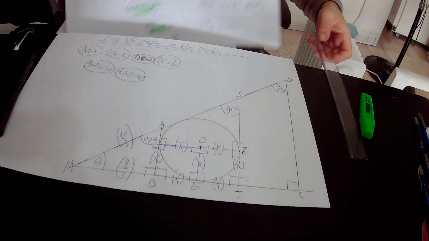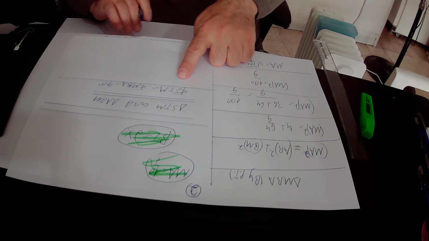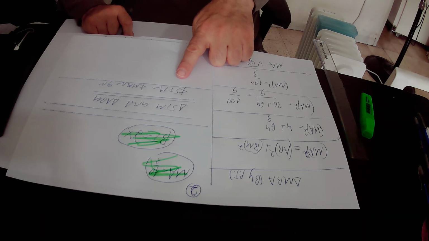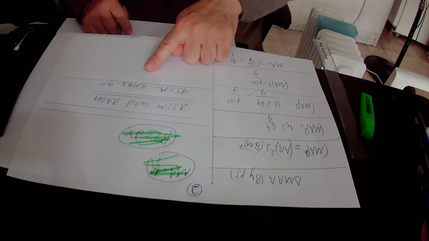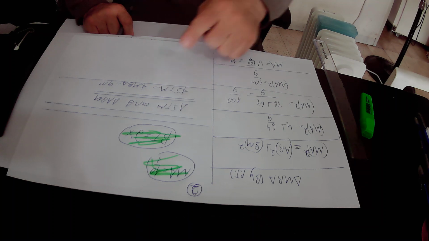Repeat again. Angle STM in the right big triangle STM equals angle MBA in the small right triangle MBA. They are both equal to 90 degrees, therefore they are equal to each other.